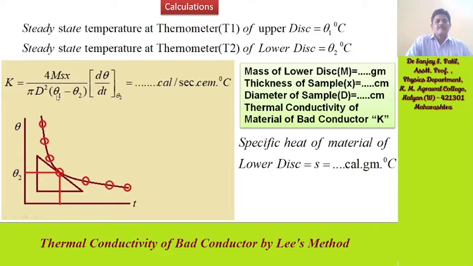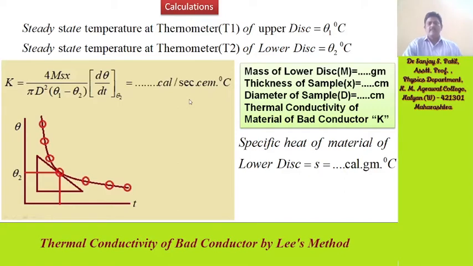Theta 1 is the steady temperature of the upper hollow disc, and theta 2 is the steady state temperature at thermometer T2 of the lower disc, and this is the slope taken from the cooling curve, d theta by dt at theta 2, which is equal to calorie per second gram degree centigrade.